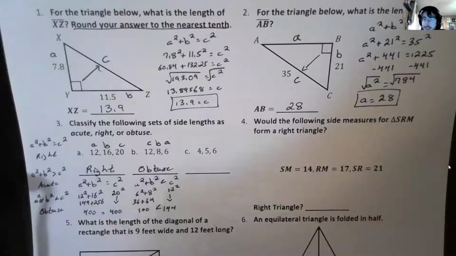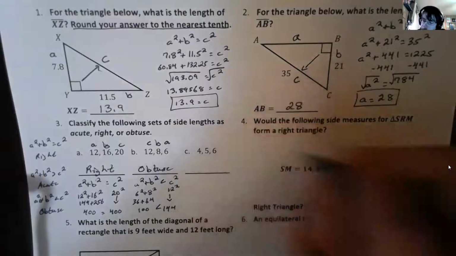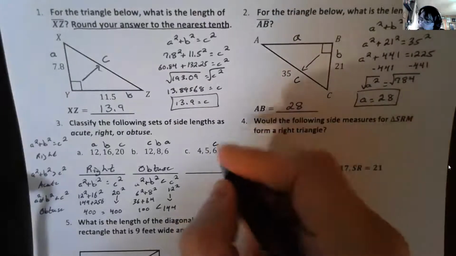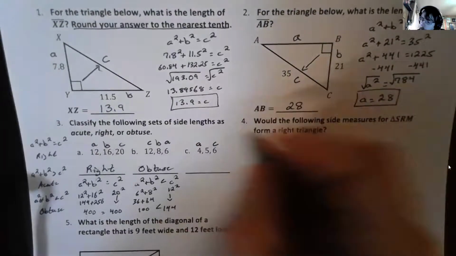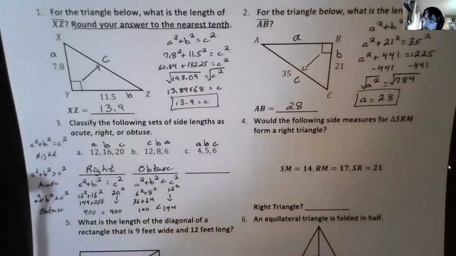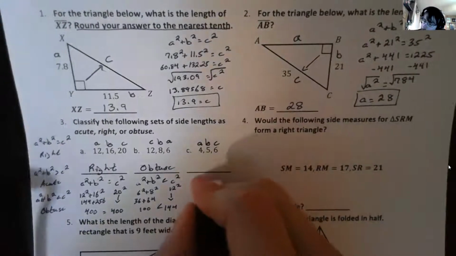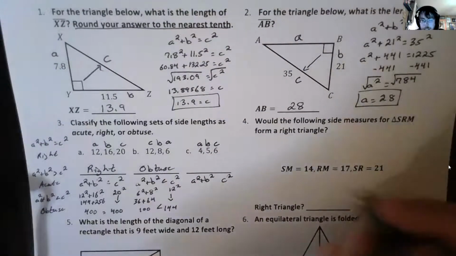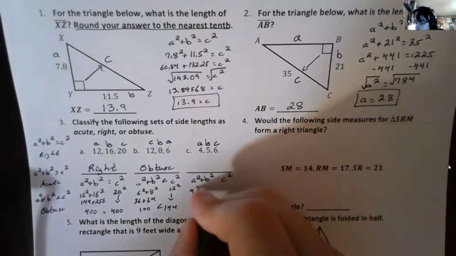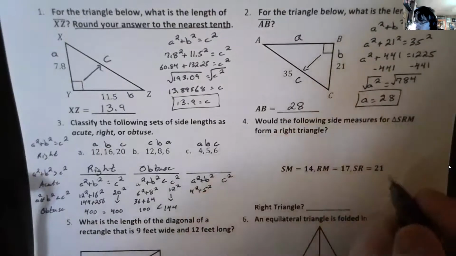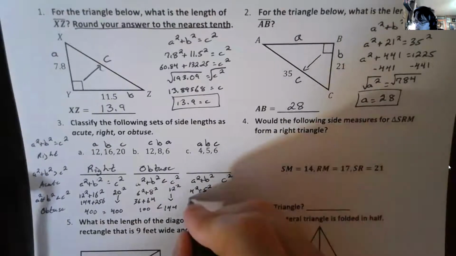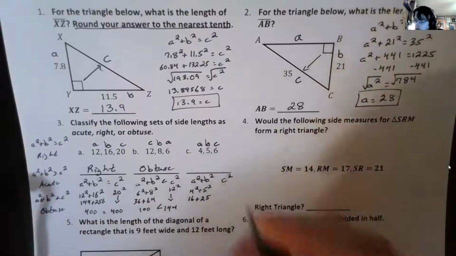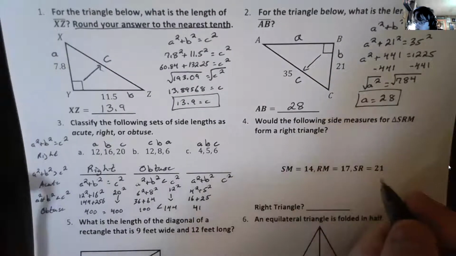And then C, we have 4, 5, and 6. Our C value is our longest side, so that would be 6. A is our shortest side, which would be 4. That leaves 5 to be B. A squared plus B squared gives you 4 squared plus 5 squared. 4 squared is 16. 5 squared is 25. 16 plus 25 gives us 41.